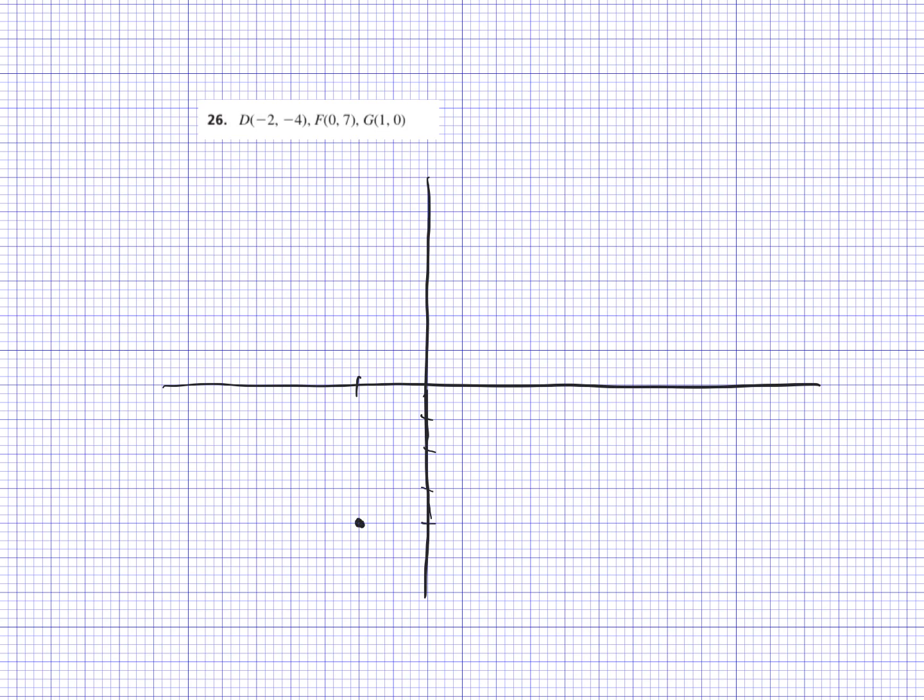That's D. Okay, and again, it's D, E, F, G. All right, F is at 0, 7. 1, 2, 3, 4, 5, 6, 7. Okay, so it doesn't go from D to F, so don't do that. And then G's at 1, 0. Okay, that's G. Now it does go F to G. And from F to G, G goes back to D.